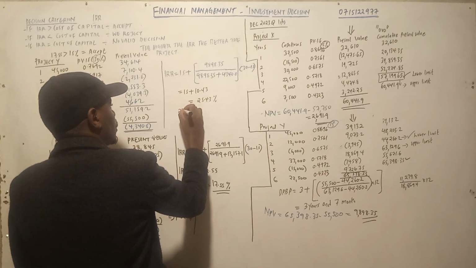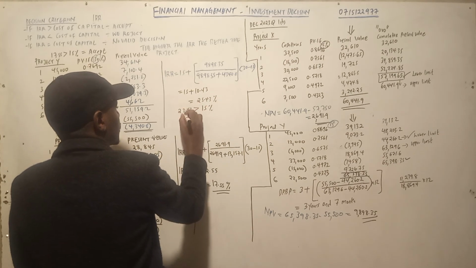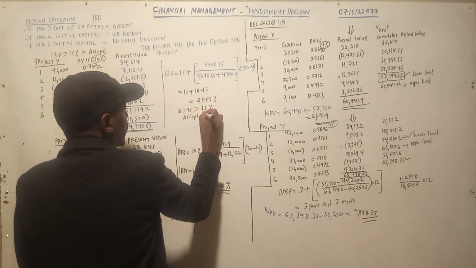So 25.43% is greater than 15%. So we accept the project.